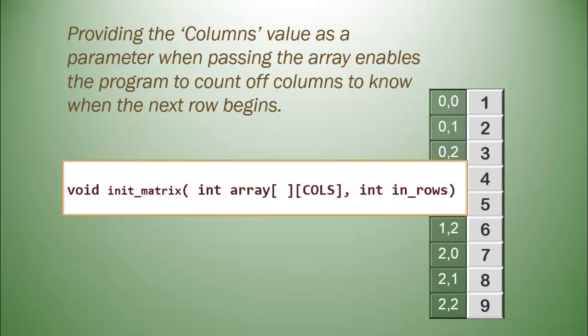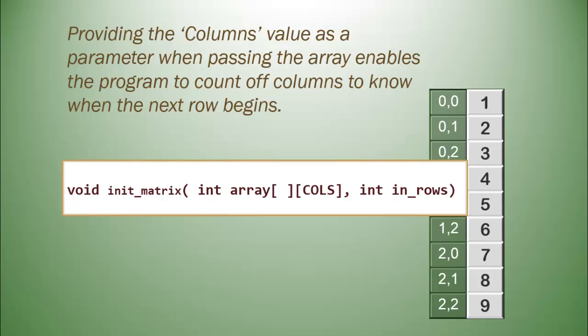When we begin to pass multidimensional arrays, we have to provide to the program the columns marker or the columns demarcation. The reason for that is that in row major form, the program will recognize the rows by counting off the number of columns that we provide as a parameter.